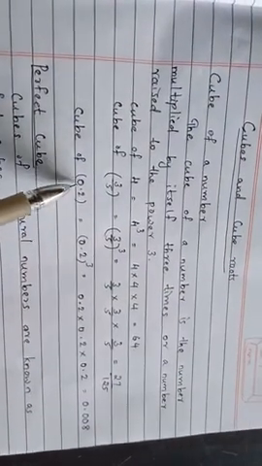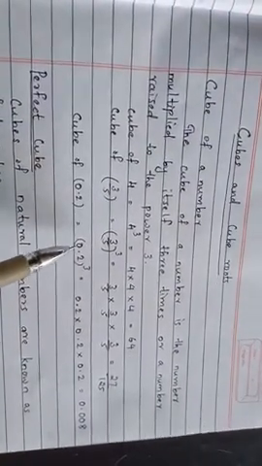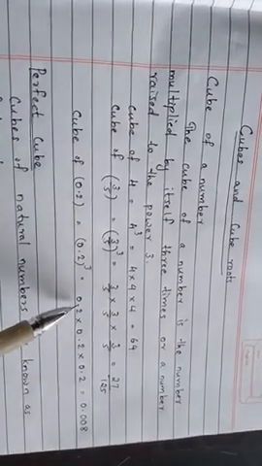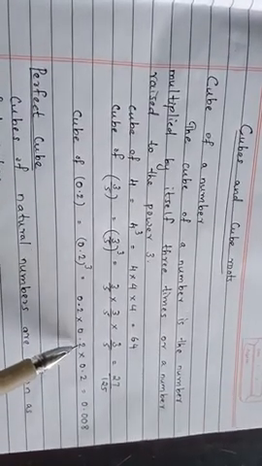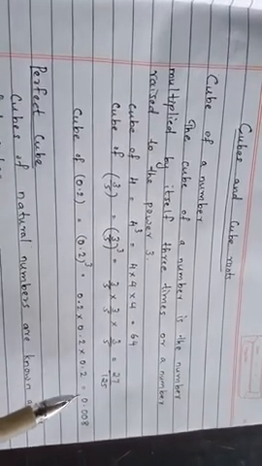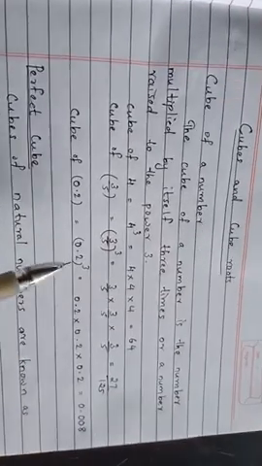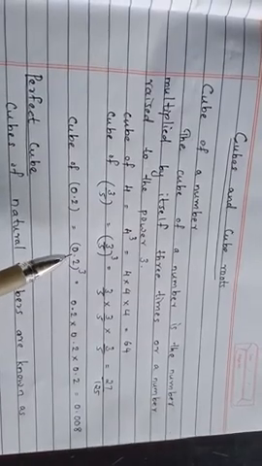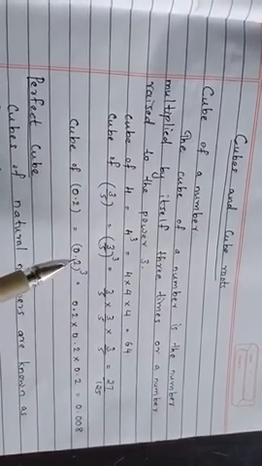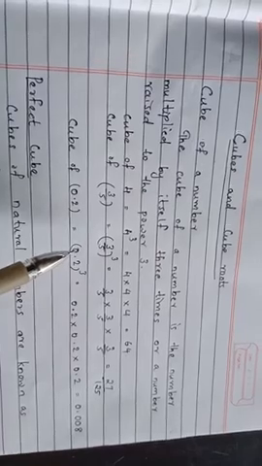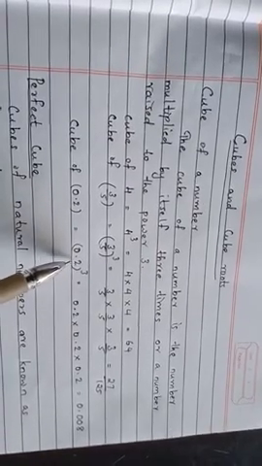Now cube of 0.2. Now 0.2 power 3 is equal to 0.2 multiplied by 0.2 multiplied by 0.2, which is equal to 0.008. Now in this case we can find the cube in two ways. First one, considering the decimal number. Here we can see that there is only one decimal place.